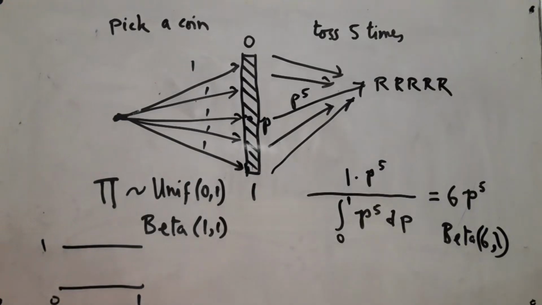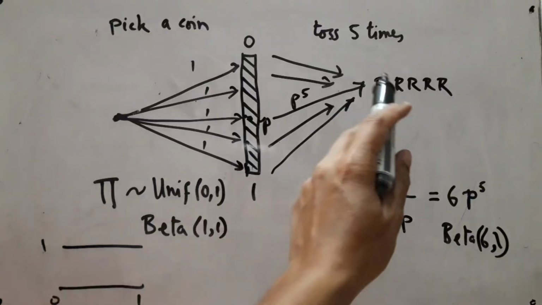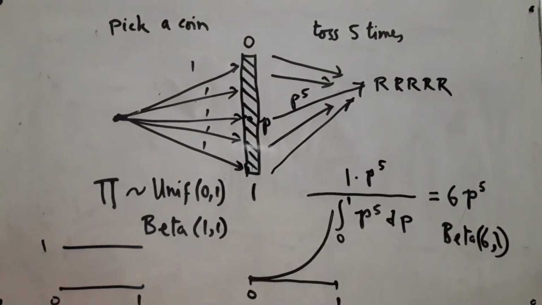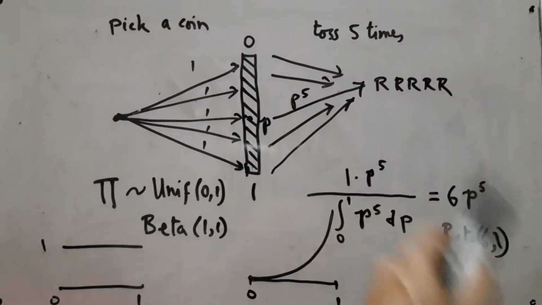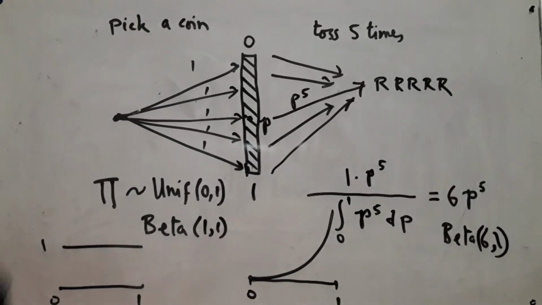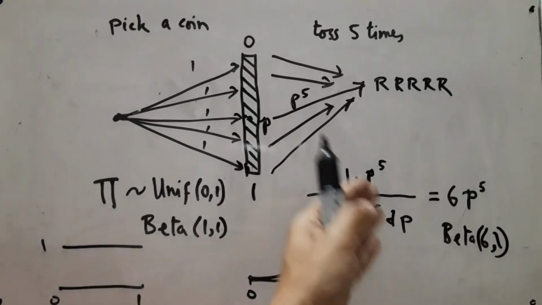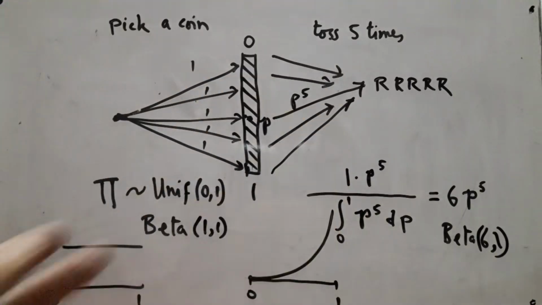Now after you have carried out this experiment, your belief after looking at this data is the beta 6, 1 density, which is essentially the graph of P to the power 5. And you see this graph is increasing near 1. So your belief says that most likely the probability of head is close to 1. That is why I am getting so many heads. So you see how your belief changed as the result of this Bayesian computation.